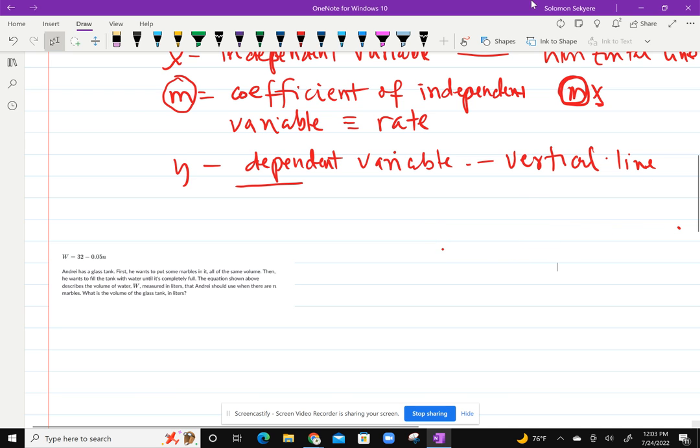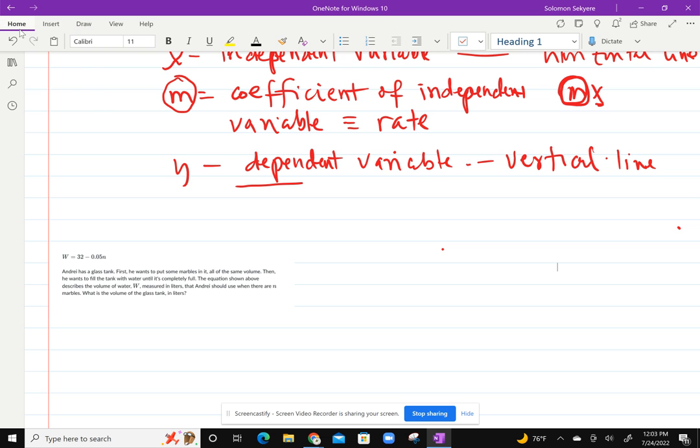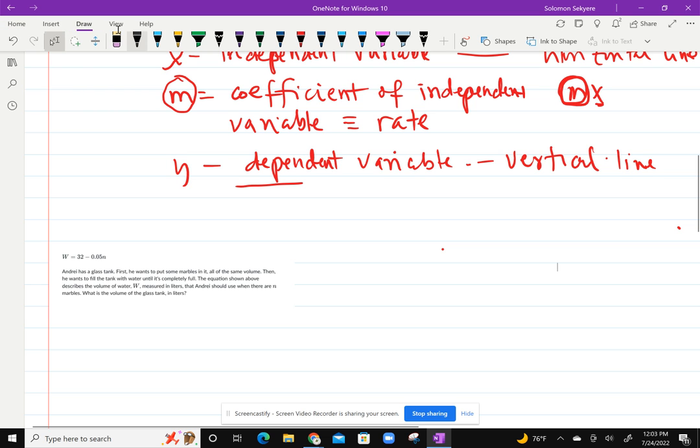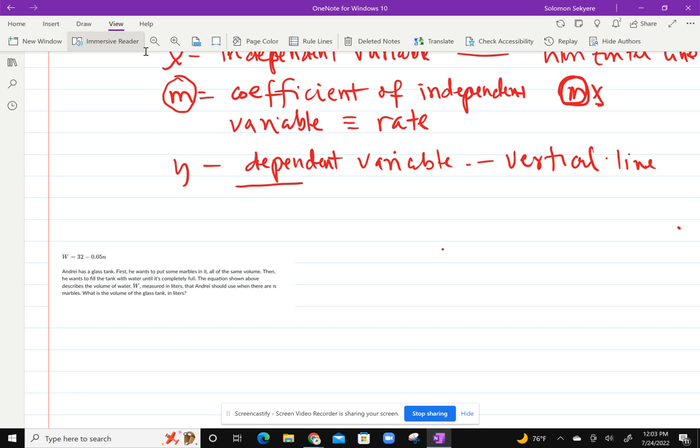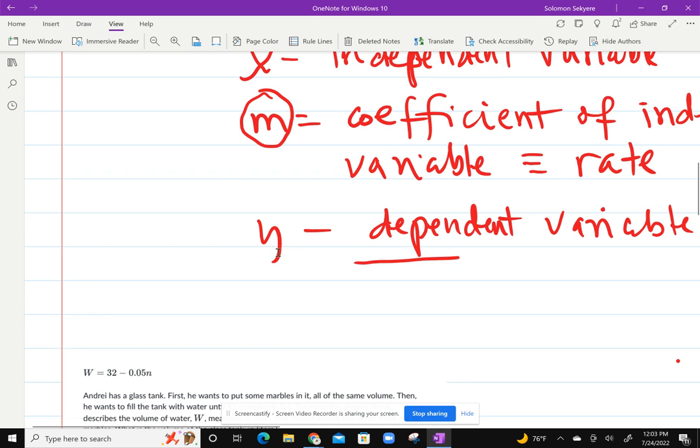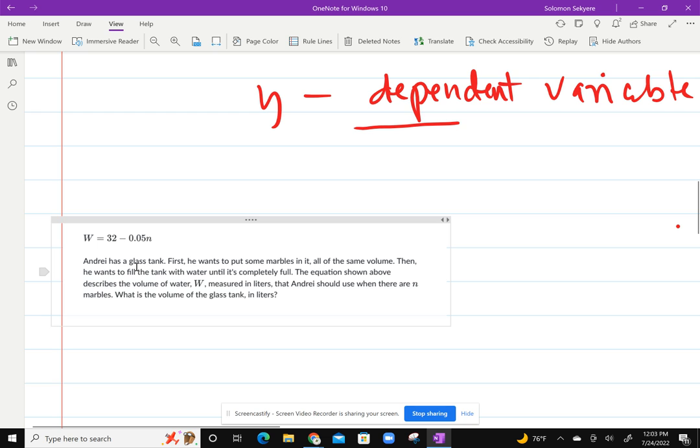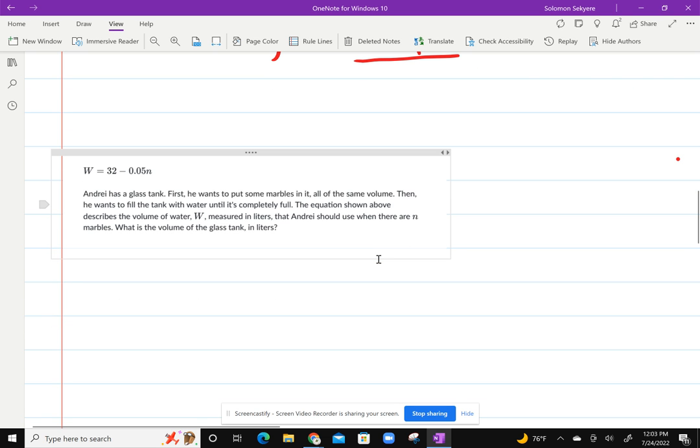So the first one here is from College Board, that's not my question. Andrea has a glass tank. First, he wants to put some marbles in it, all of the same volume, and then he wants to fill the tank.